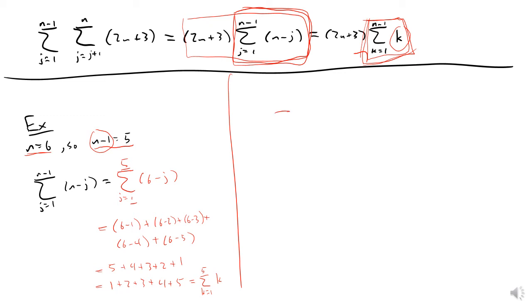So this sum from k equals 1 to n of k, or no, I guess in the book they use the index m. The sum from 1 to m of k, there's a shortcut formula for this. It's m times m plus 1 over 2.